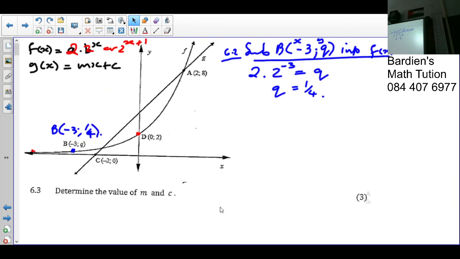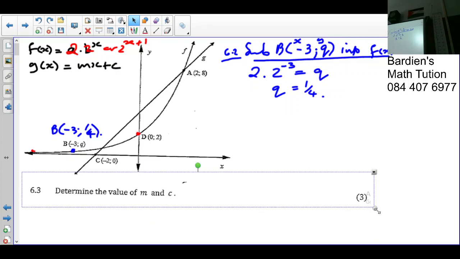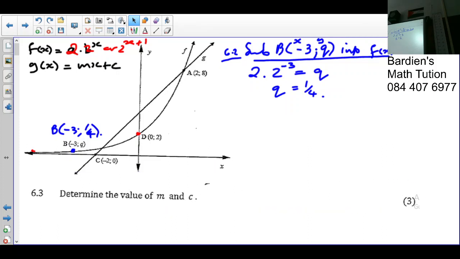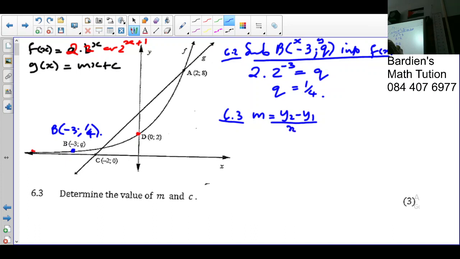Determine m and c. Where do m and c belong? Equation of the straight line. How do I work out the equation of the straight line? I must first work out my gradient, which is y2 minus y1 over x2 minus x1. Now, do we have 2 points lying on the straight line? Yes.